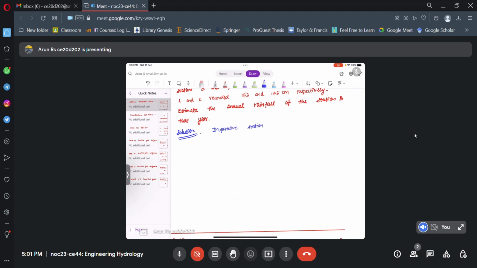The inoperative station is B, and it has a normal rainfall of 180.3 centimeters. Now we compute 1.1 times NB, which is 198.33 centimeters, and 0.9 times NB, that is 162.27 centimeters.